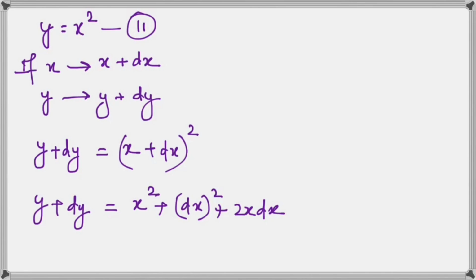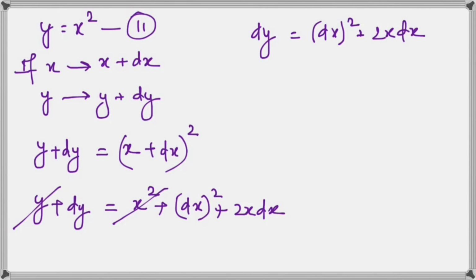And from the equation y equal to x squared, we can cancel out y and x squared. That gives us dy equals dx squared plus 2x dx. Now here comes the important part. Remember that I told you dx is very small, close to 0.